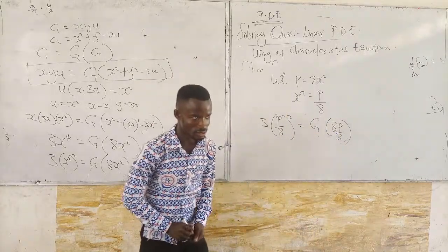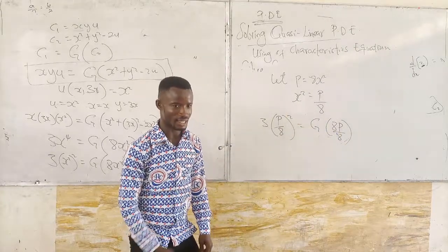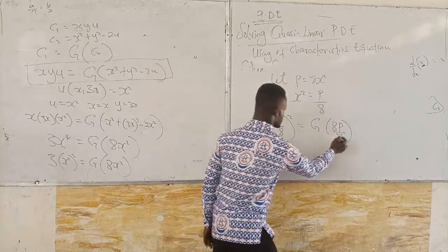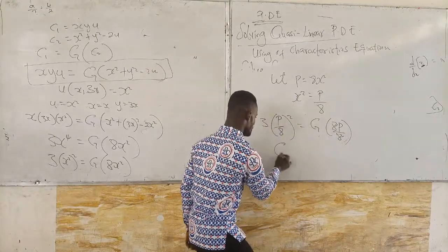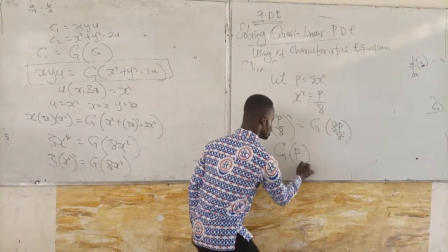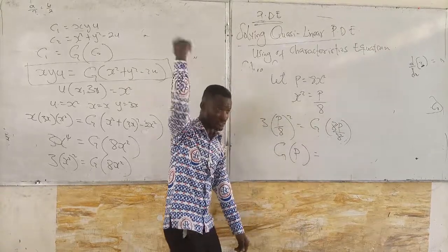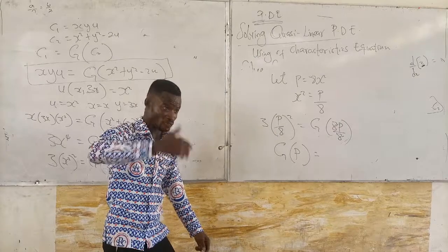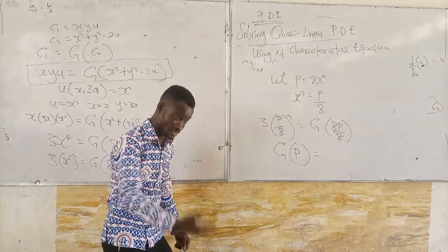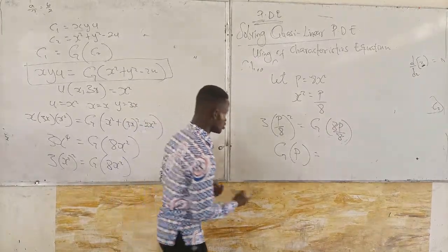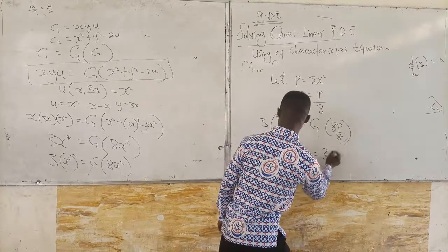What can you see? The reason why we did this algebra: this cancels this. So we get g of p to be equal to, don't forget what we have been doing from linear. After every substitution, you get the p, then the g of p. So now we get g of p to be equal to what?